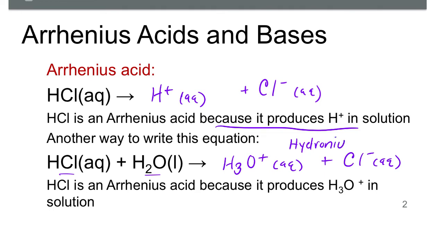So you'll hear me using that word. So, the same definition but different species produced. The Arrhenius definition is you either produce a proton, H+, or hydronium ion, H3O+, when you add the acid to water.